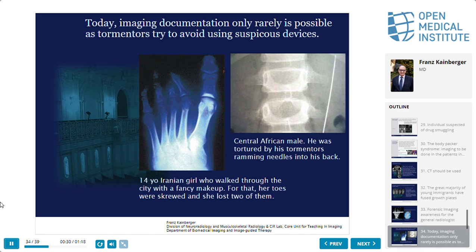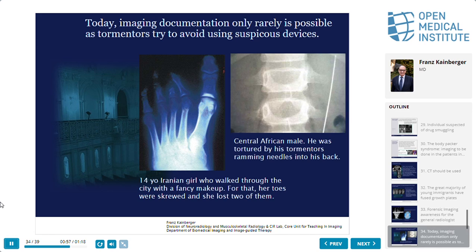Here, a 14-year-old Iranian girl who walked through the city with fancy makeup. For that, her toes were screwed and she lost 2 of them. If you have a toe lost, then you can document it, but that's also visible clinically.